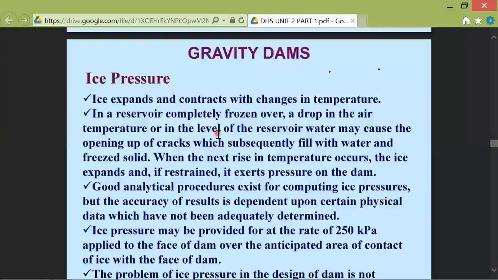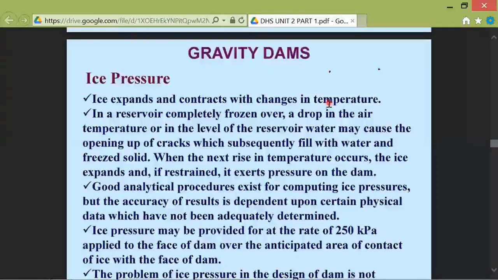So constructing the dam at such locations, you have to also consider the ice pressure. So ice expands and contracts with the changes in temperature. This is again one of the things given, that it expands and contracts with the changes in temperature.